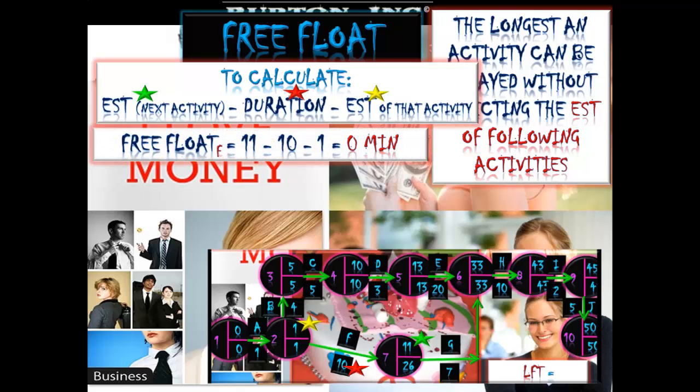So the free float for task F, 11 minus 10 minus 1, there is 0 minutes of free float. So if we don't want to delay the start of G, we need to get going straight away.